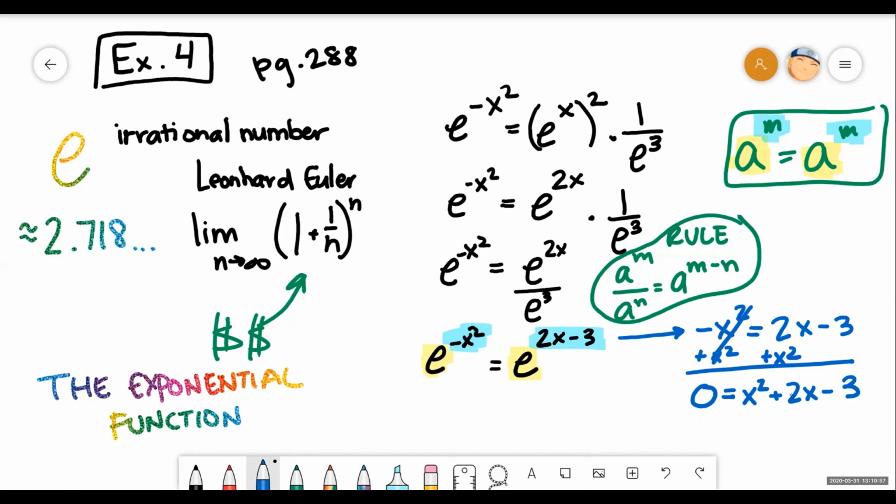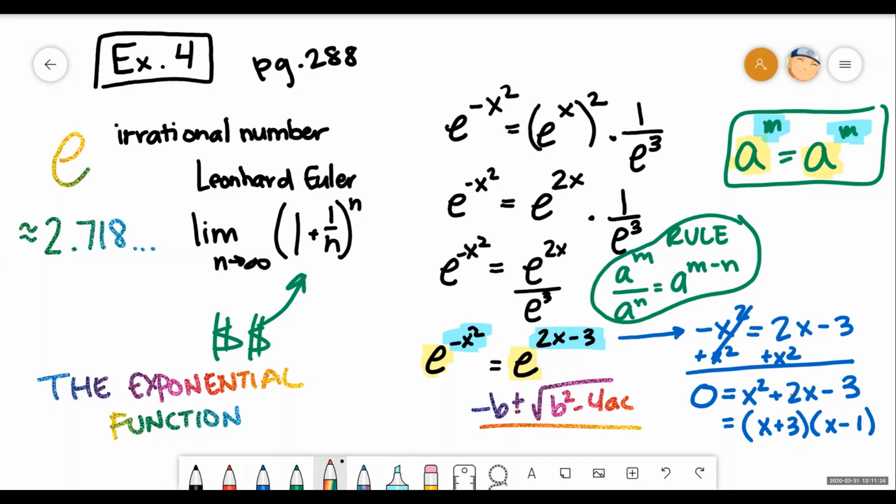My suggestion here, some of you are very good with factoring. Go ahead and factor. Okay, that's totally fine. If you don't like factoring, my suggestion would be to use our also special negative b plus or minus the square root of b squared minus 4ac all over 2a, our quadratic formula.